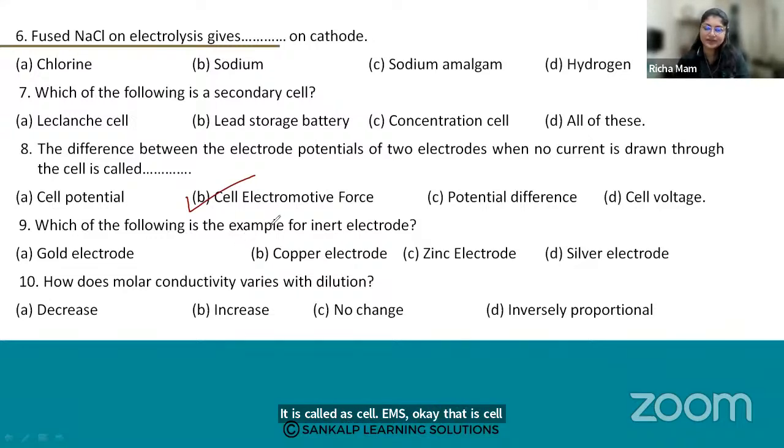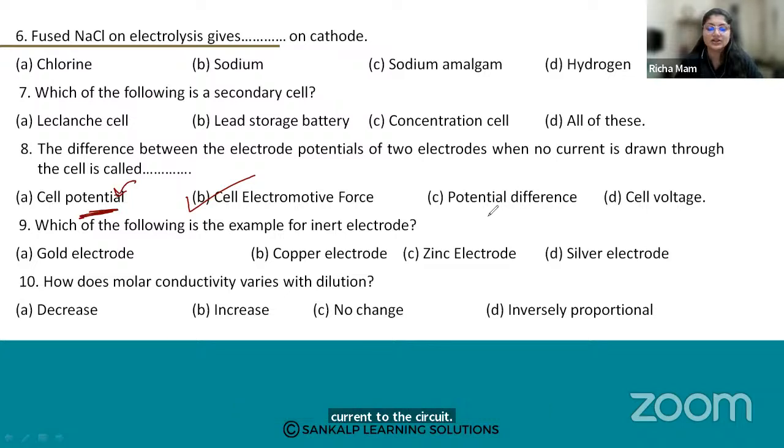It is nothing but the difference between the electrode potential of the two electrodes when no current is passed through the cell. And what do you mean by cell potential? It is also the difference between the electrode potential of two electrodes, but when you pass the electric current through the circuit, it is called the potential difference.